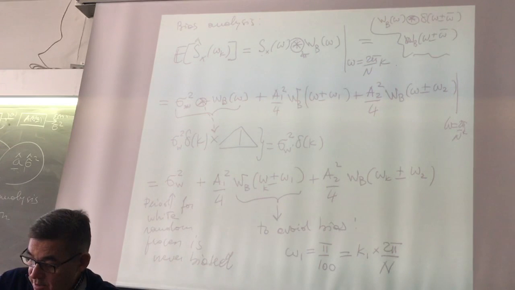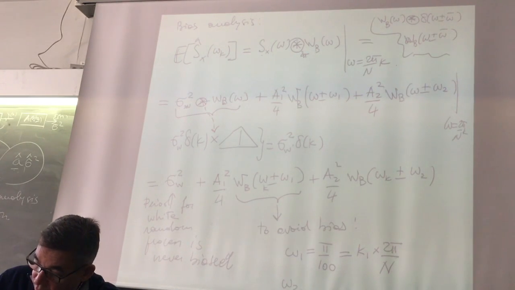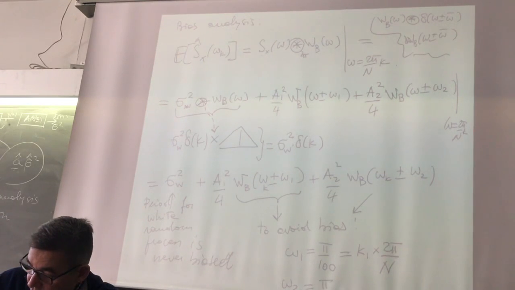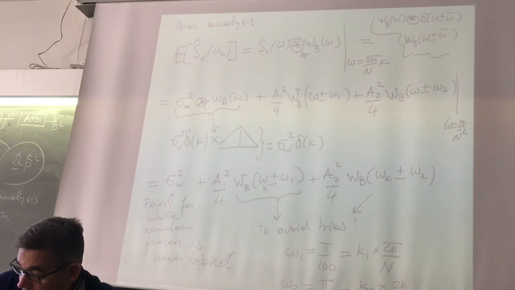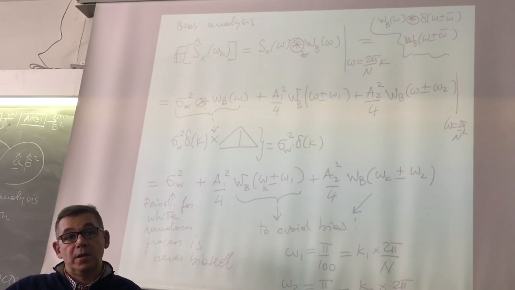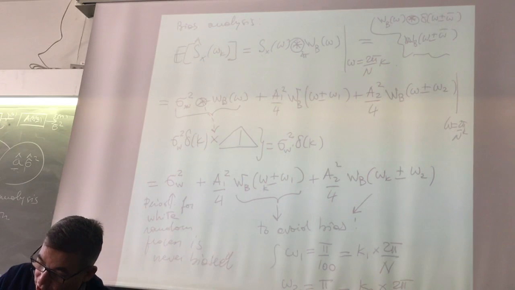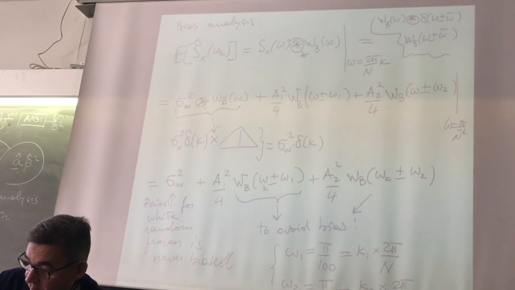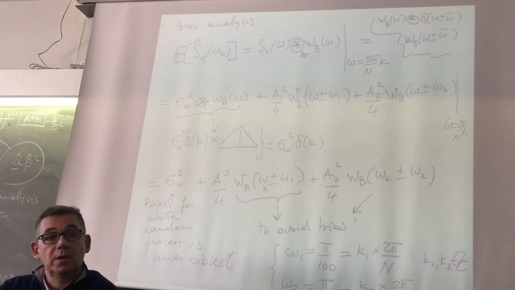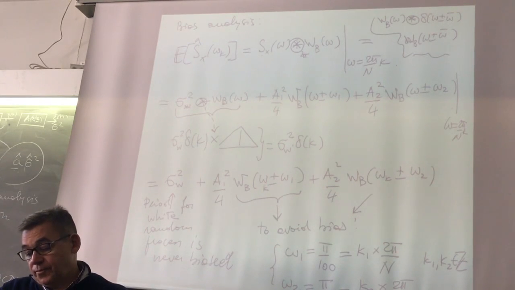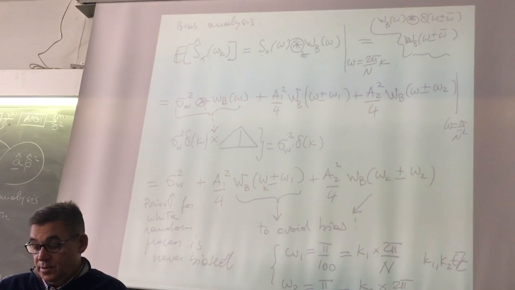Similarly, to avoid the bias for the other, omega 2, which is pi divided by 2, should be equal to k2, an integer, times 2 pi divided by n. So I solve this equation constraining k1 and k2 to be integer, and I can find the condition for that.